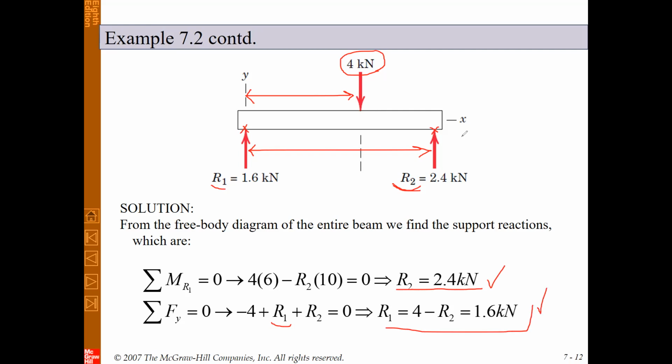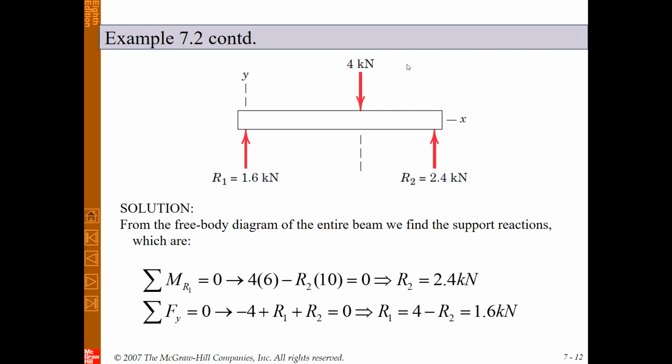So this is the external analysis, and the next step, we need to obtain the internal shear force and bending moment in this beam. For this case, how many sections do we need to obtain all of the shear force and bending moments?